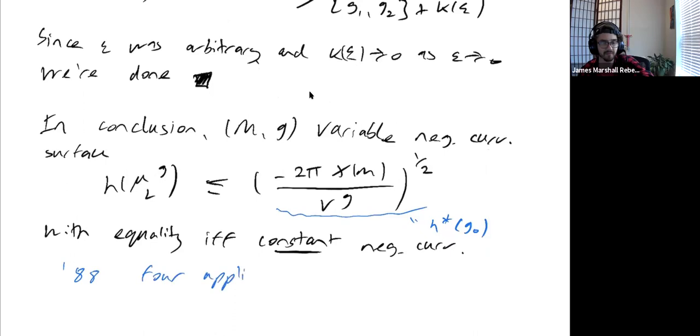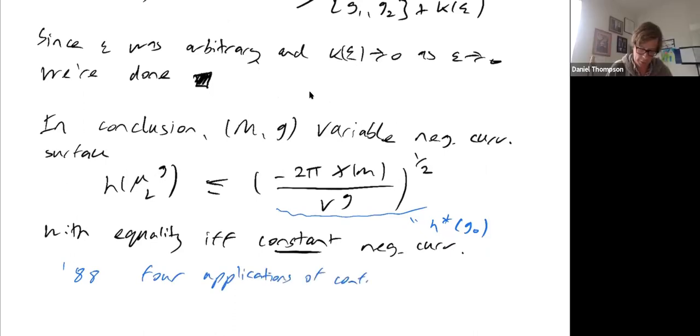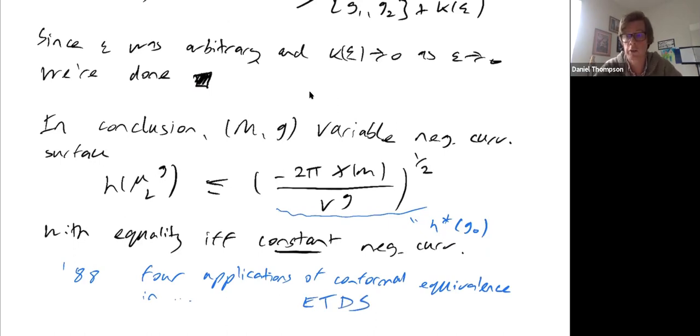Conformal equivalence, I think, in geometry and dynamics, and it's a paper in ETDS. It references back to the 1980 paper, which is where these ideas were introduced. Okay, we've got a link. Excellent, thanks.